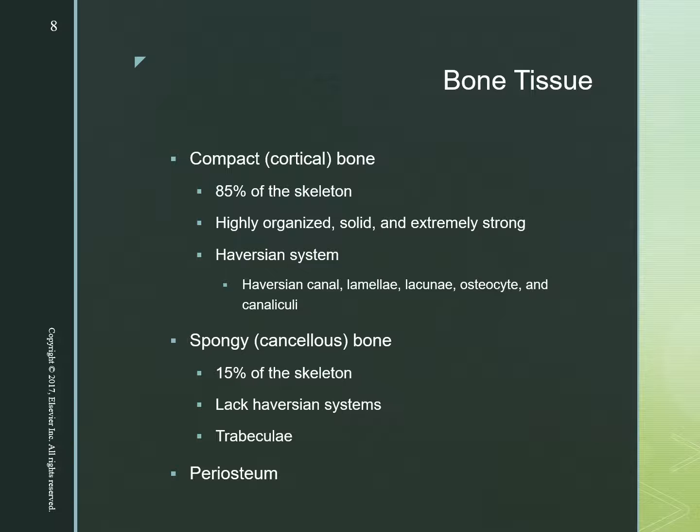They lack the very complex Haversian system. The periosteum is the outer layer that contains the blood vessels and the nerves, some of which penetrate to the inner structures of the bones through the canals called Volkmann canals.